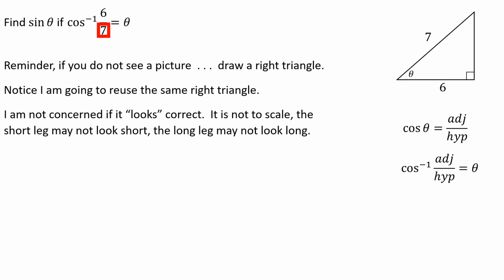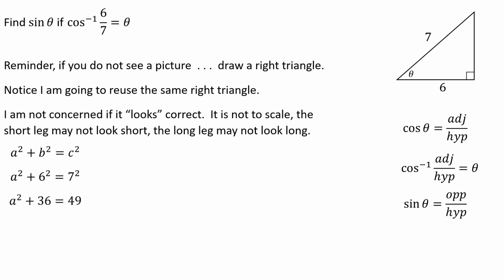And so now I can go find sine. Sine is opposite over hypotenuse. And of course, what is the opposite leg? Well, Pythagorean theorem is going to come to my rescue. Got to find that missing side. Of course, 6 times 6 is 36. 7 times 7 is 49.